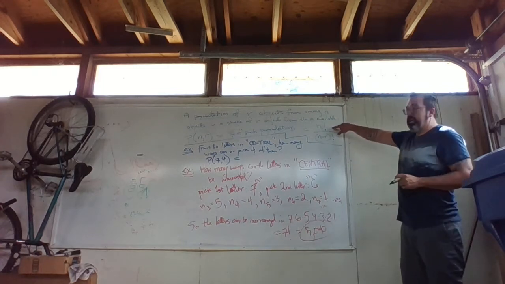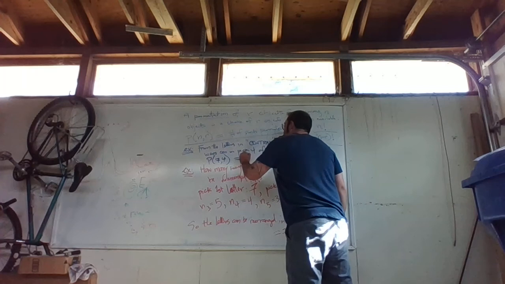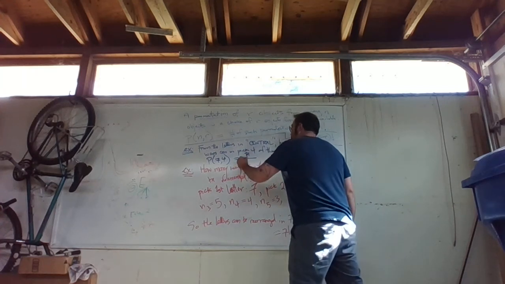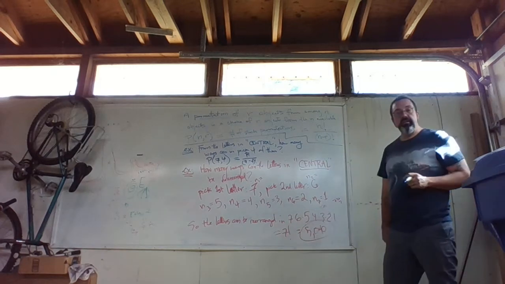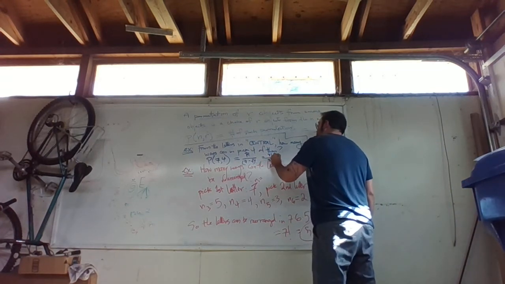And our formula here, by the way, I'm going to talk about where this formula comes from in a moment. Our formula here says to take 7 factorial and divide by (7 minus 4) factorial, which is 7 factorial divided by 3 factorial.